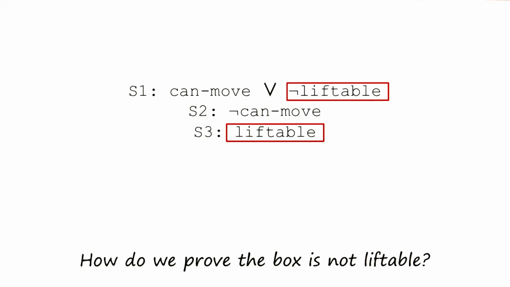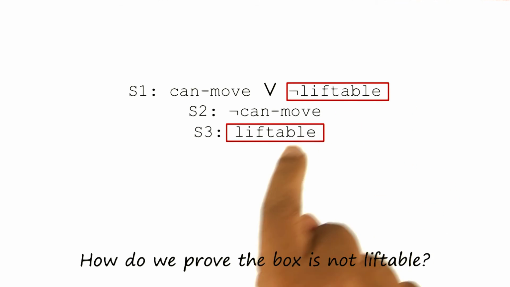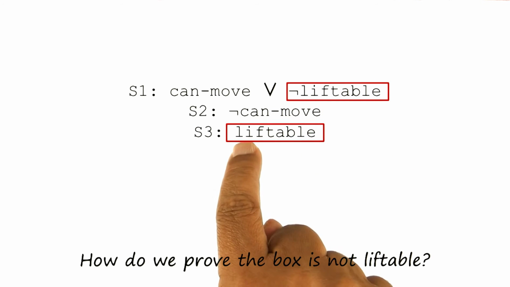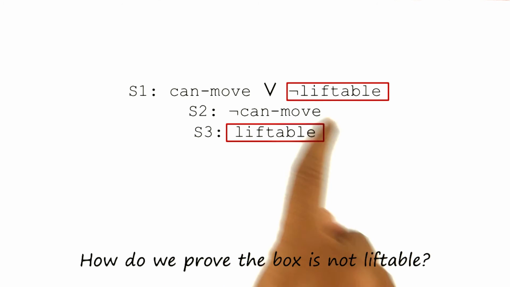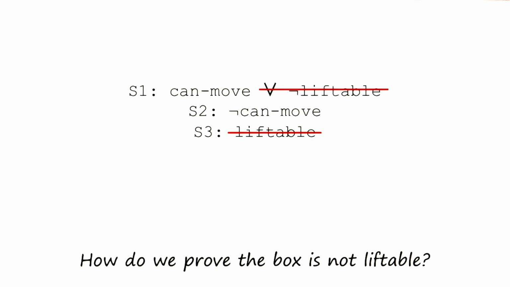Note how efficient it was to decide which sentence in the knowledge base to go to. Liftable and not liftable cannot both be true, we know that, and therefore we can eliminate them. This is called resolution. We resolve on liftable and remove them from the sentences.